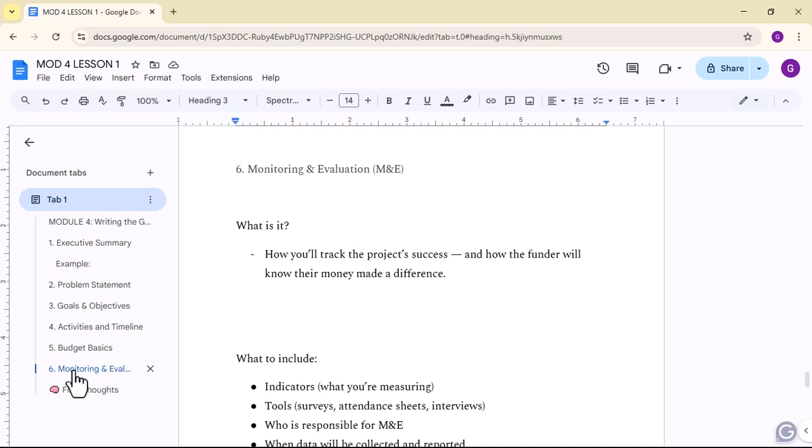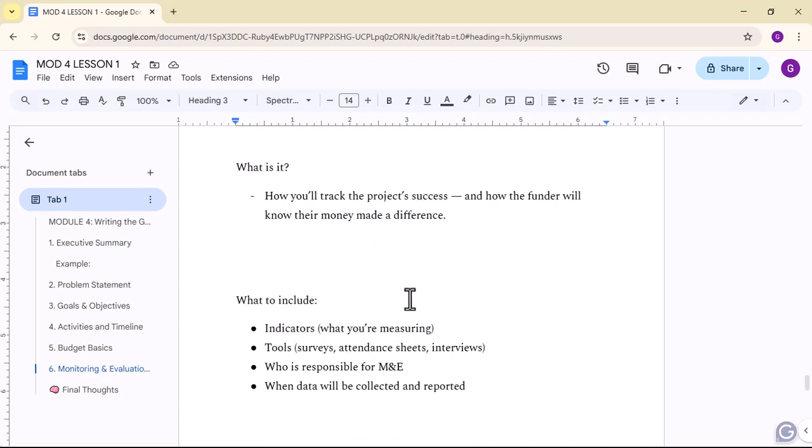So what you want to include in the M&E is indicators. Indicators are what you are measuring. When you say you want to train 300 students, when you train 50, what are the indicators? How will you know that you've trained 50? When you train 100?